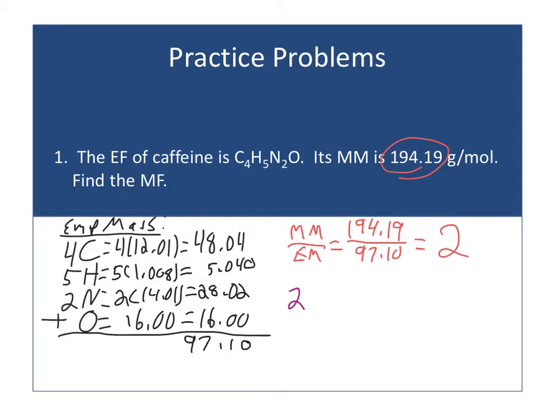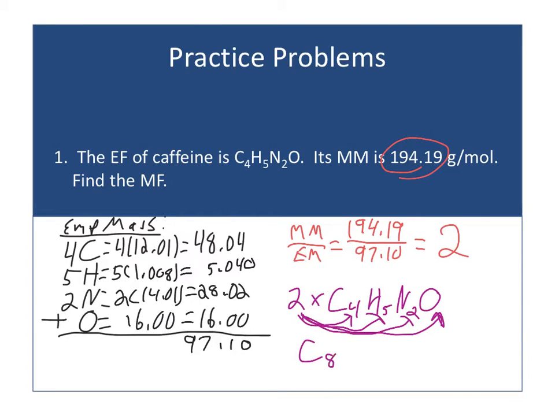Now I take this 2 and I multiply it by that empirical formula, C4H5N2O, and I multiply each subscript by that 2. For my carbon, 4 times 2 is 8.